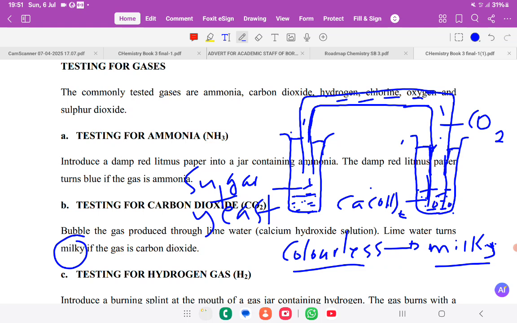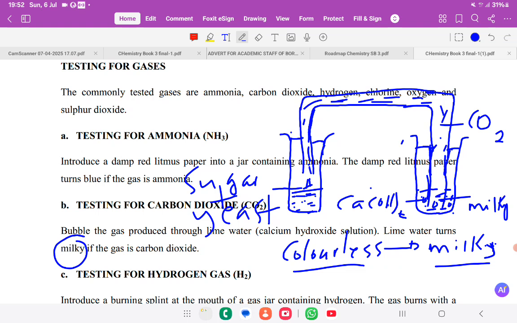So bubbles will be forming here. These bubbles are due to the gas being produced from the process called fermentation. Upon bubbling here, it will change to milky color, which shows that the gas being produced is indeed carbon dioxide.